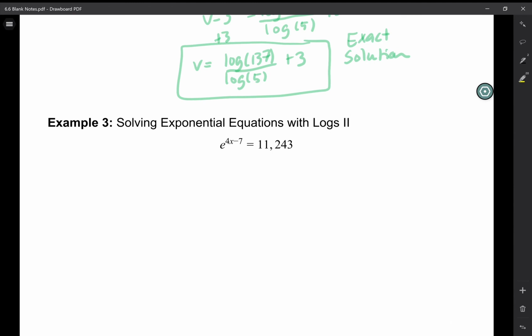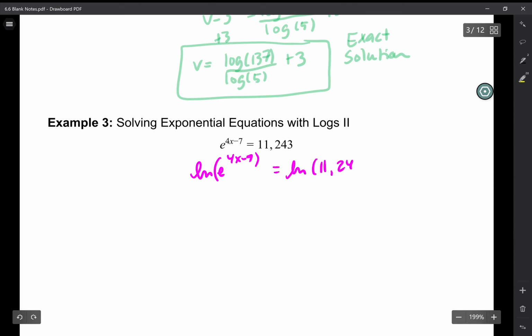Same idea. This time we're going to use the natural log. The reason I'm choosing to use the natural log is because this equation is base e. So if I use natural log with base e equations, I'm going to take the natural log of both sides. Natural log of e to the 4x minus 7 equals the natural log of 11,243.